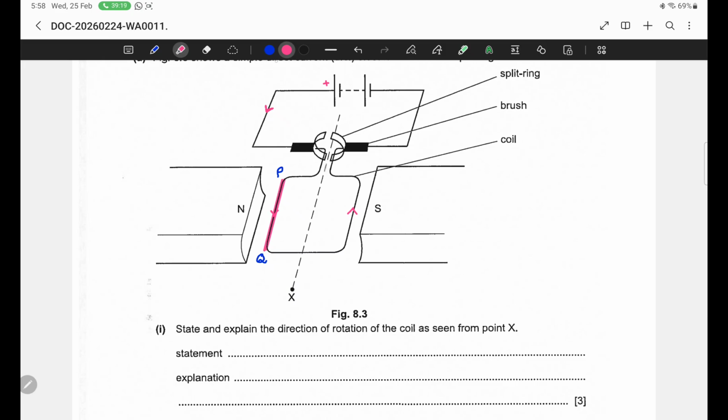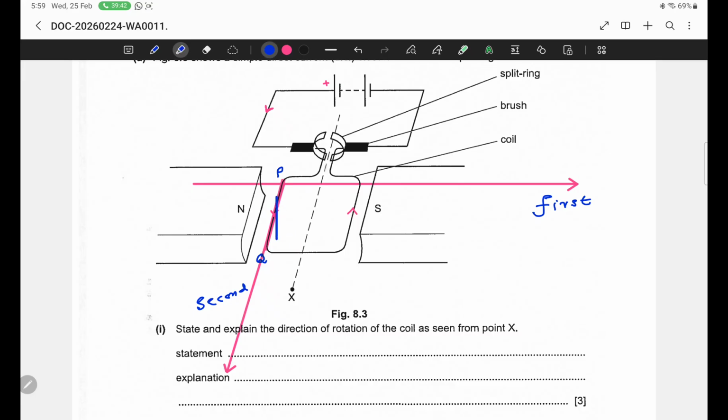Keep your first finger from north to south, and then your second finger in this direction. Then where is your thumb? Upward. You are right.